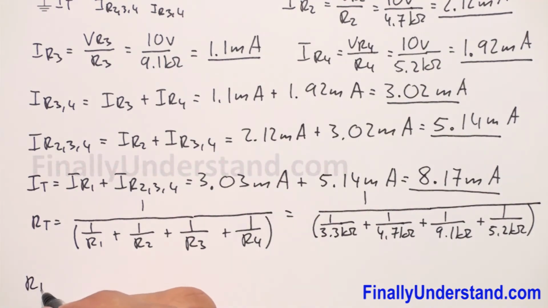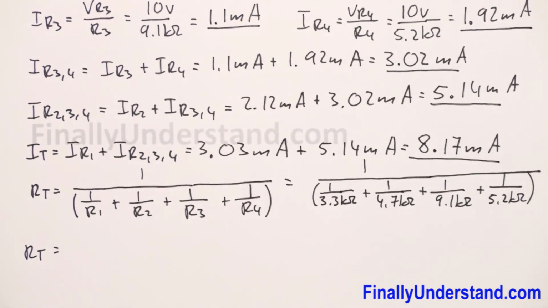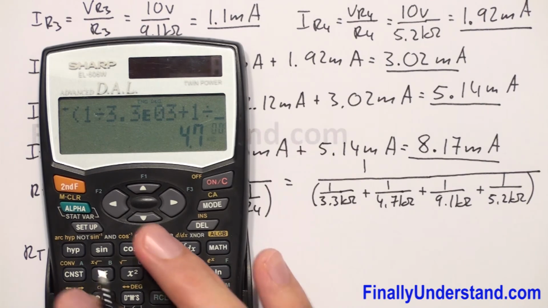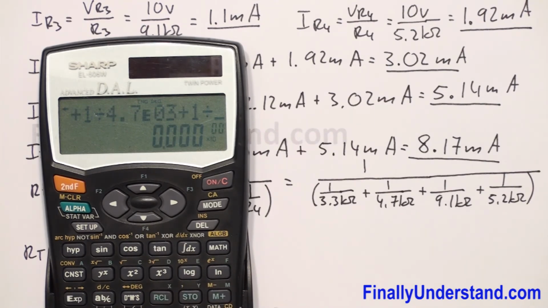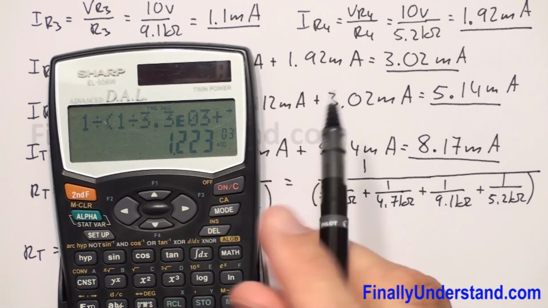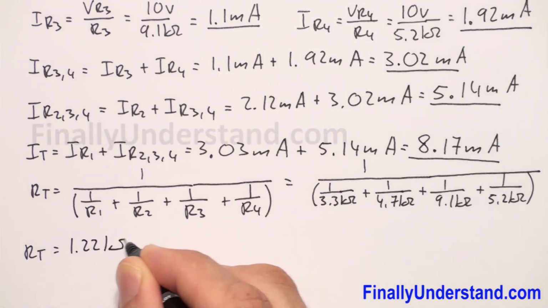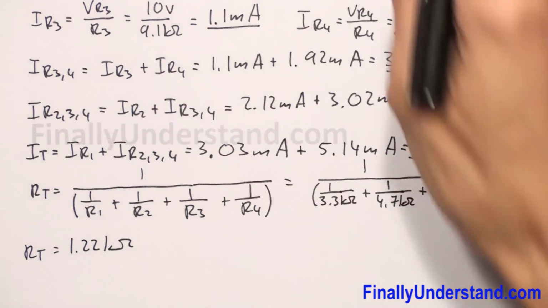I use the calculator: 1 divided by, open parenthesis, 1 divided by 3.3 exponent 3 plus 1 divided by 4.7 exponent 3 plus 1 divided by 9.1 exponent 3 plus 1 divided by 5.2 exponent 3, close parenthesis. This is equal to 1.22 kilo ohms.